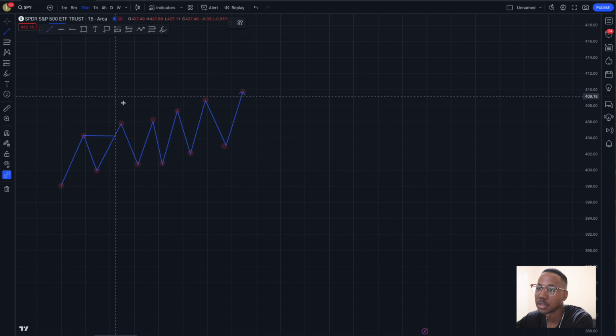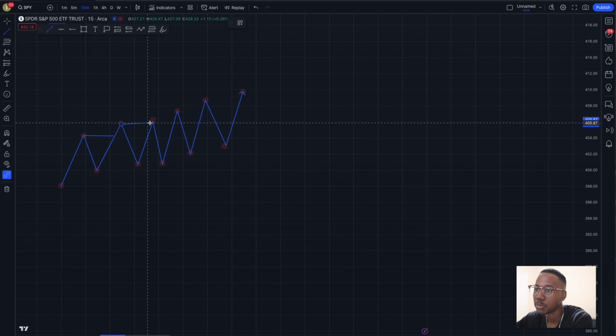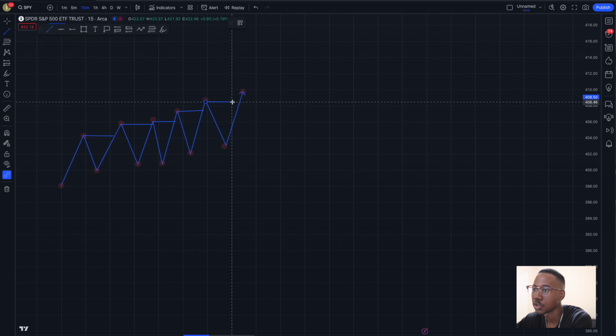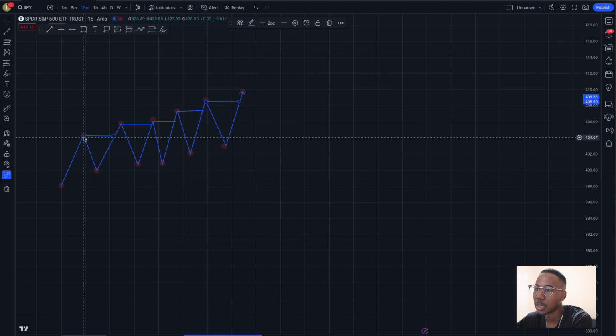So pretty much all of these points where it crosses and makes a new high, that is going to be a break of structure. All right, and you'll notice after each one of these structure breaks, it pulls back. It doesn't completely make a new low, but it pulls back. All of these are break of structures.